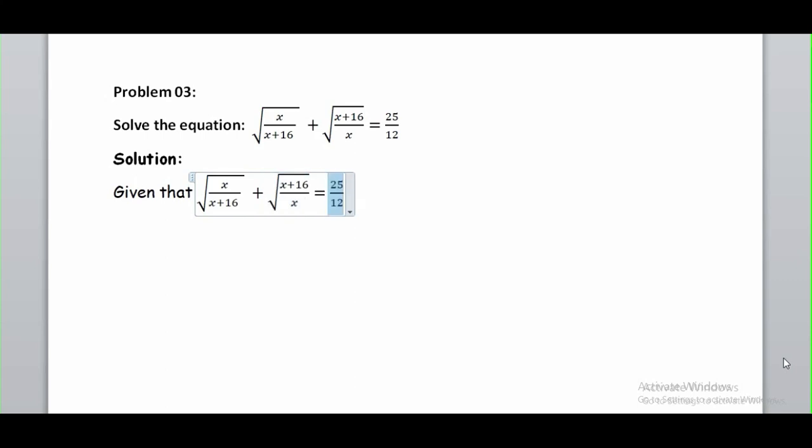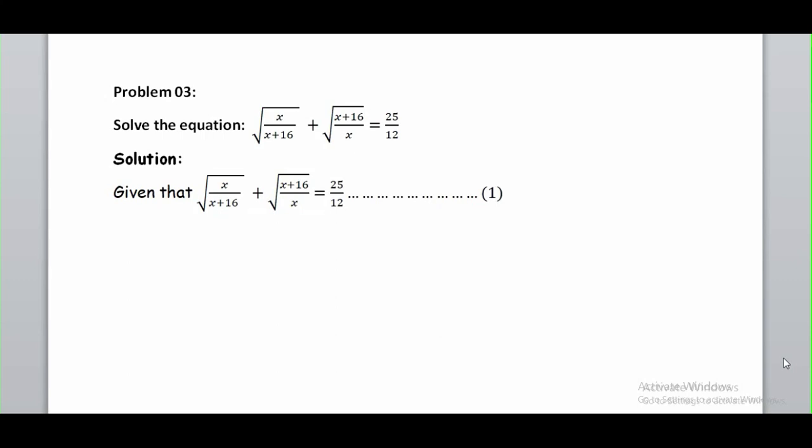This given equation, root over x by x plus 16 plus root over x plus 16 by x equal to 25 by 12. Look at the first radical, root over x by x plus 16, and look at the second radical. It is the inverse radical of the first one, root over x plus 16 by x.